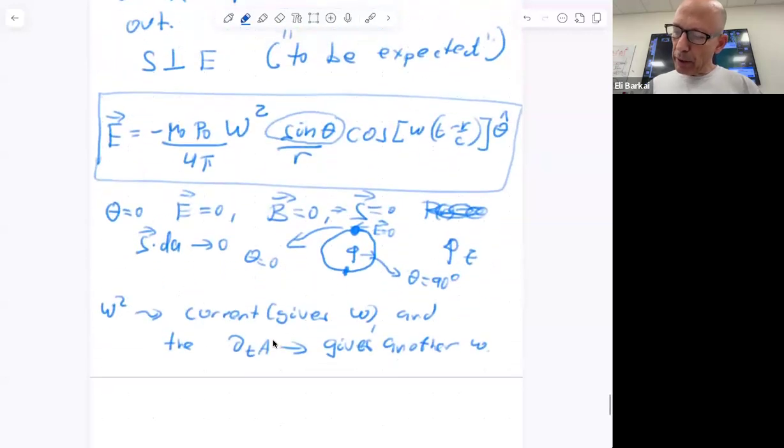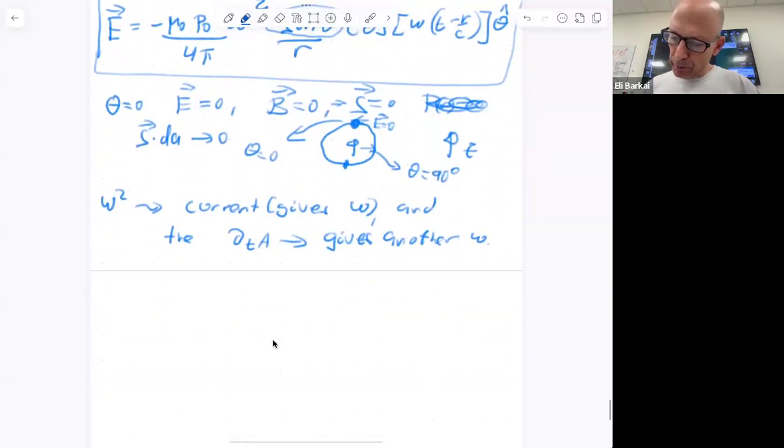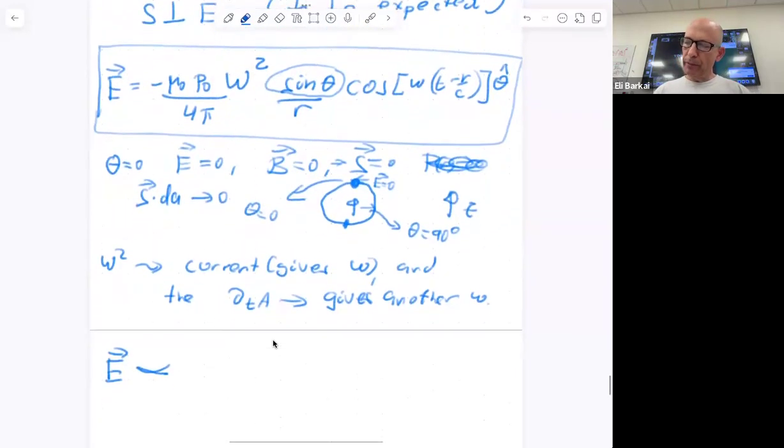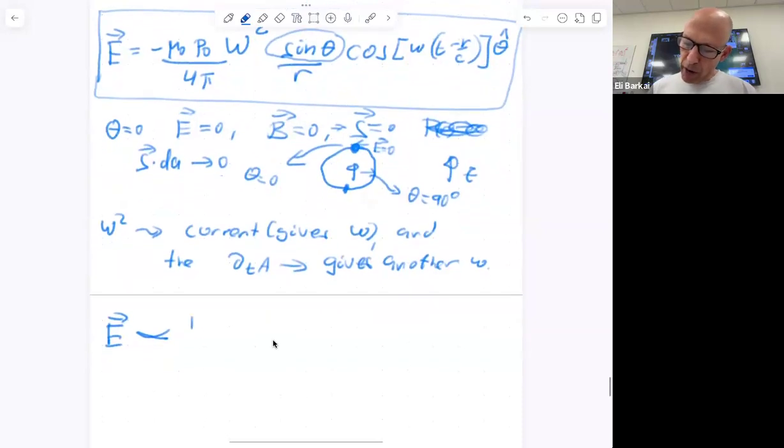But the most striking thing, as I said before, E is proportional, this is not alpha, to what? With respect to r? 1 over r. A huge victory. What I claimed.